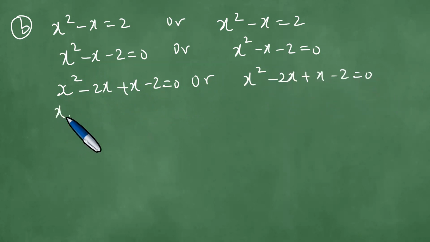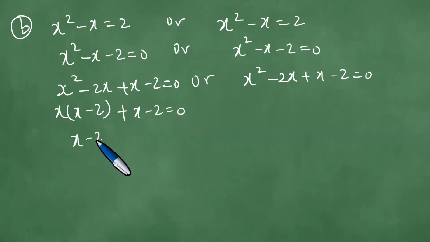Okay, so you can factor out, having x into x minus 2 plus x minus 2 equals 0, which means x minus 2 into x plus 1 equals 0.